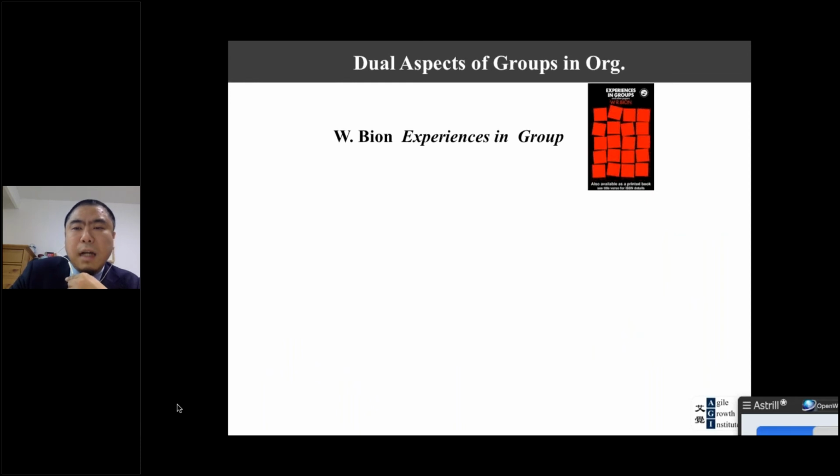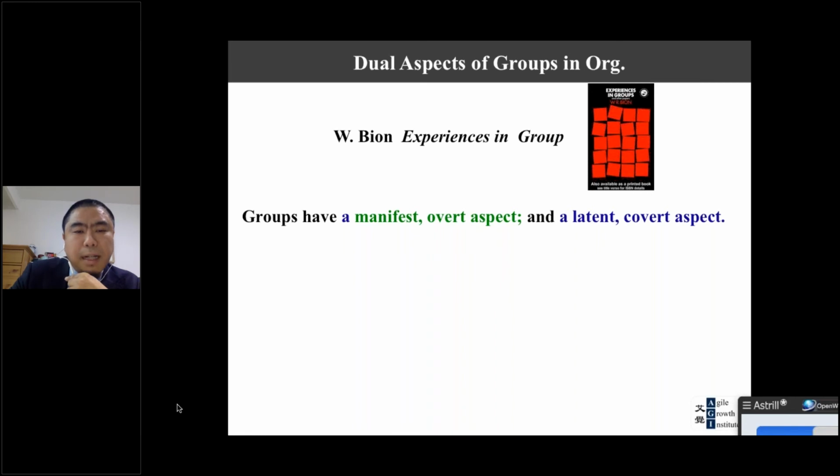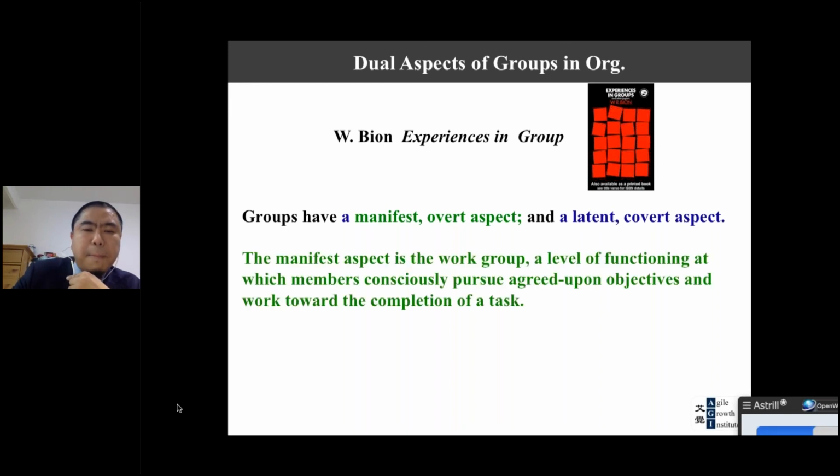Additionally, another psychologist, Wilfred Bion, from the UK, in his book Experiences in Groups, also finds that a group has such a dual aspect. He mentions that a group has a manifest, overt aspect and a latent, covert aspect.